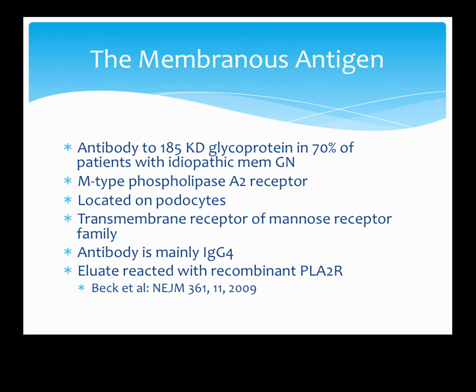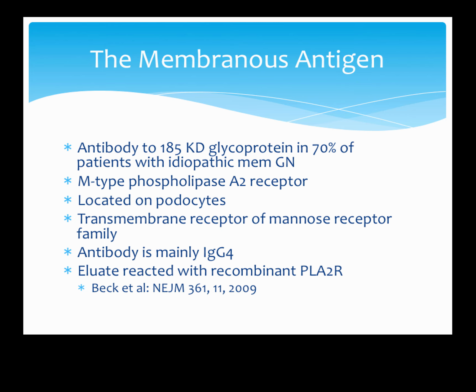In this particular study, about 70% of the patients with membranous glomerulopathy showed an antibody to a 185 kilodalton glycoprotein, which turned out to be the M-type phospholipase A2 receptor. This A2 receptor is located on the podocytes, and therefore the autoantibody crosses the basement membrane, reacts with this particular antigen, and produces the immune complexes characteristic of membranous glomerulopathy.